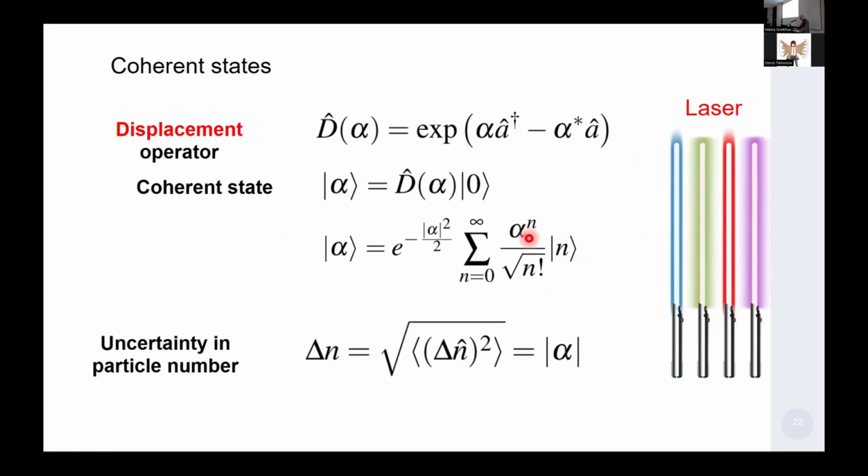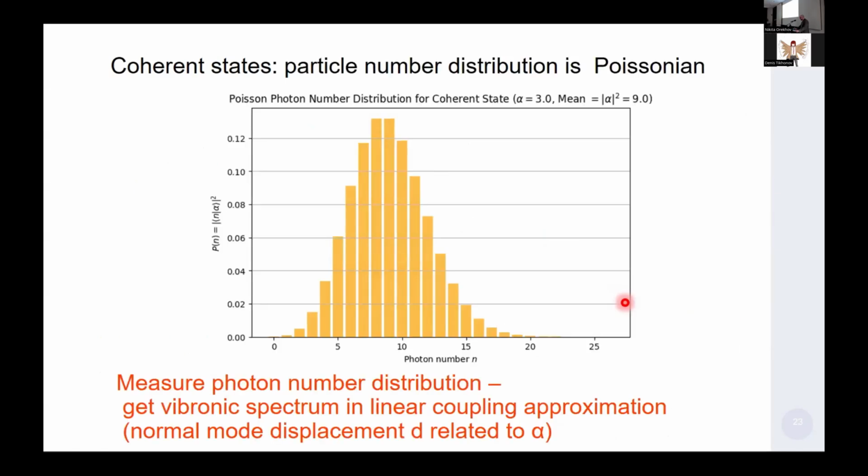Yes, lasers. Particle distribution, as I said, is Poissonian. So if you create photons which amount to the number of vibrational excitations in molecules, then we can actually measure the spectrum.